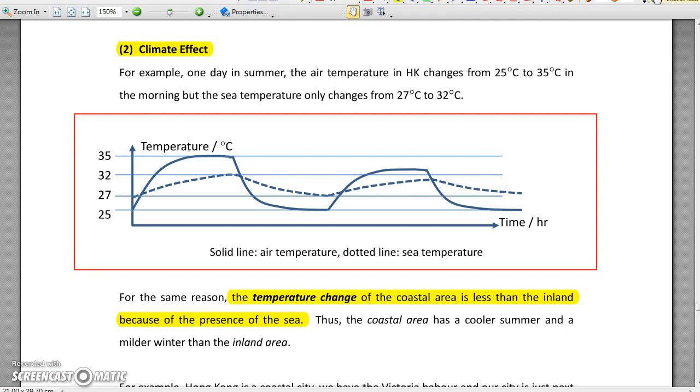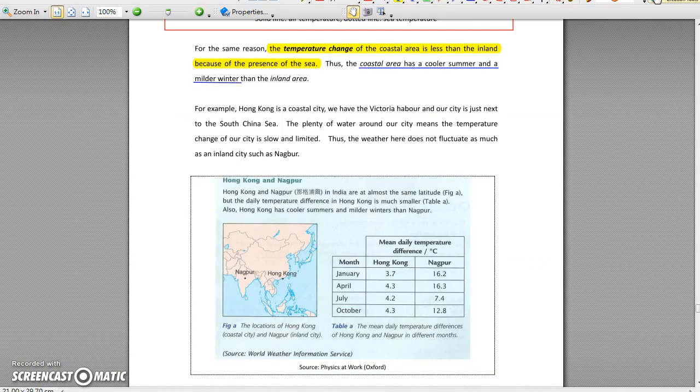The temperature change of a coastal area, just like Hong Kong, will be less than an inland area because of the presence of the sea. That's why we have a cooler summer and a milder winter than an inland city like Nepal.